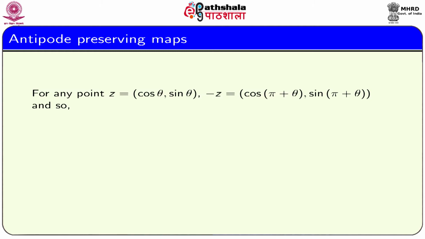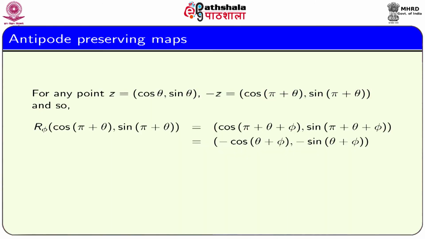Now, it can be seen easily that for the point z, which is (cos theta, sin theta), minus z is the point (cos(pi plus theta), sin(pi plus theta)), and so R phi operated on (cos(pi plus theta), sin(pi plus theta)) is equal to (cos(pi plus theta plus phi), sin(pi plus theta plus phi)), which is equal to (minus cos(theta plus phi), minus sin(theta plus phi)), and that is equal to minus of R phi (cos theta, sin theta).